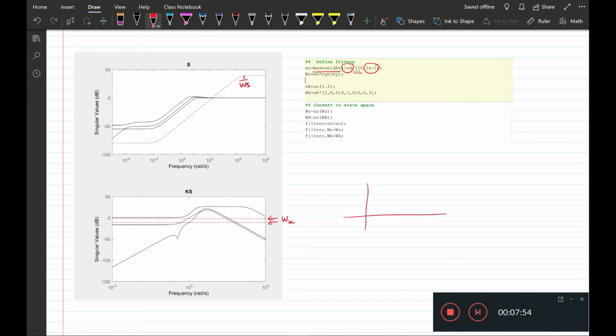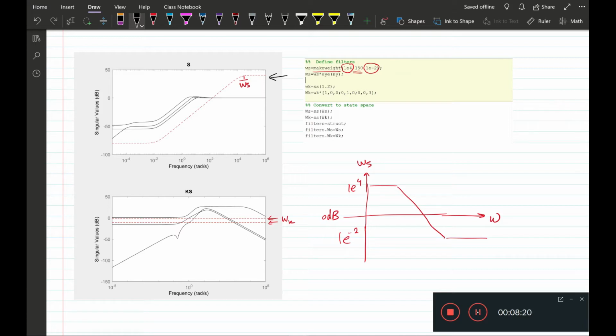So that would mean 1E4 at low frequency and 1E minus 2 at high frequencies. So that would be the 0 dB line, and this would be the shape of WS, and the inverse shaping filter is then what you see here.